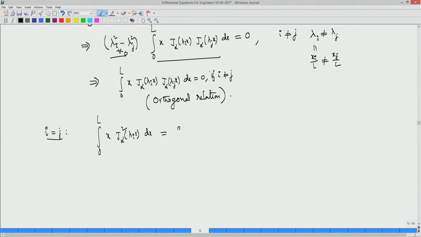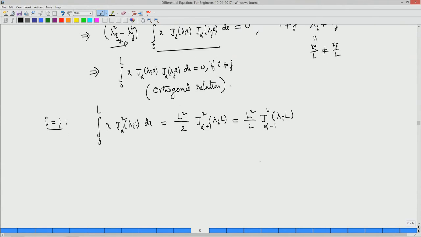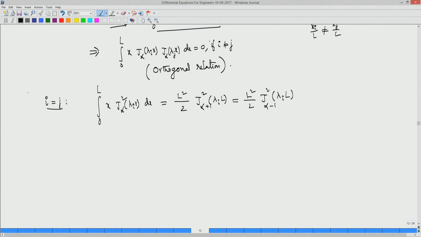Let me write this: L square by 2 J alpha plus 1 square of lambda i L, or this is the same as L square by 2 J alpha minus 1 square of lambda i L. Not n, this is alpha. So this is what you will get, either this or this.